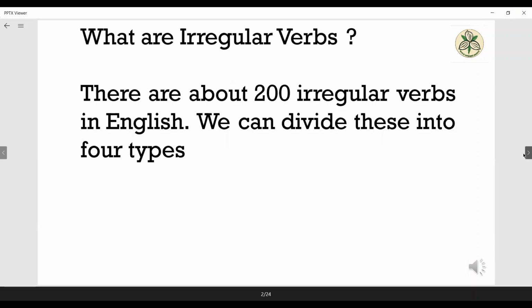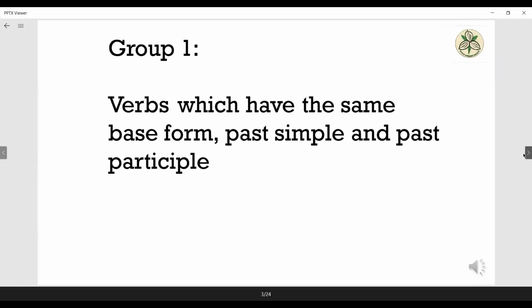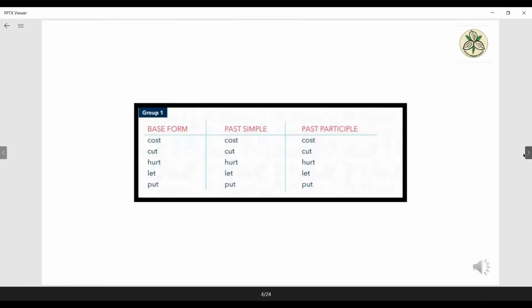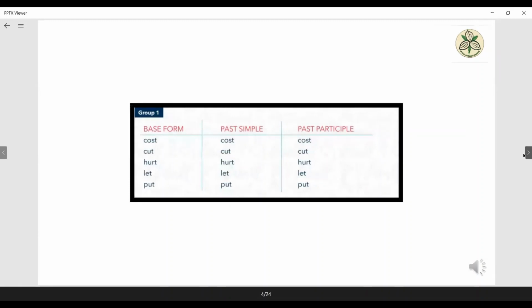There are about 200 irregular verbs in English, and we can divide these into 4 types. Group number 1 carries verbs which have the same base form, past simple and past participle. Here, for your facility, I have divided these into 3 categories: base form, past simple, and past participle.